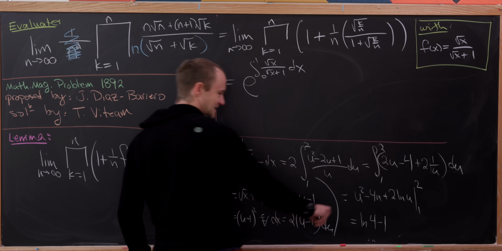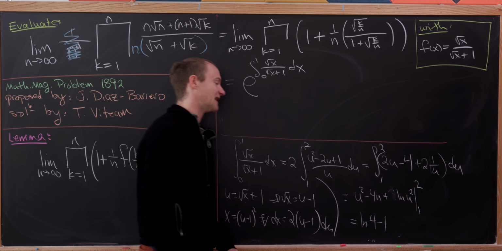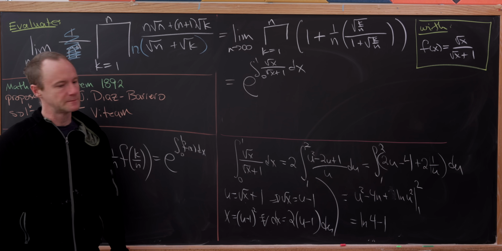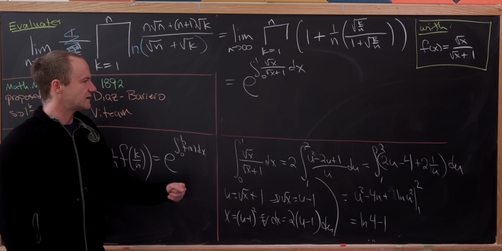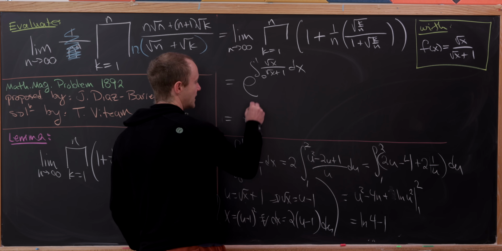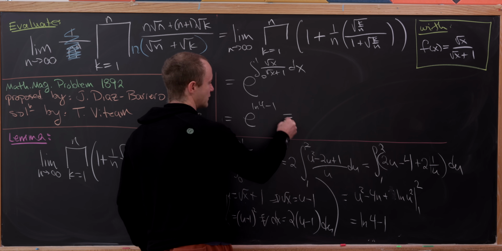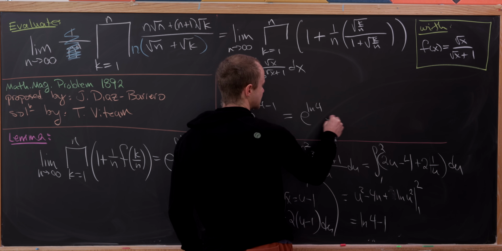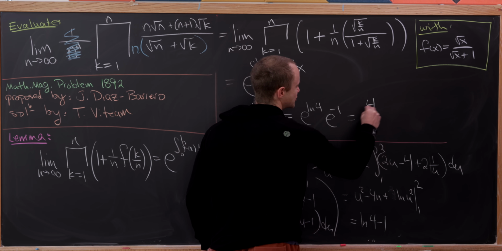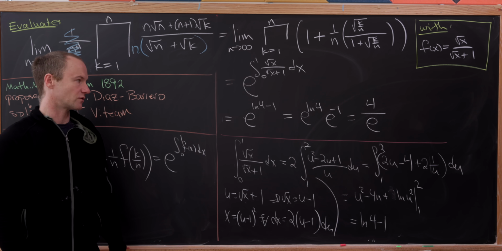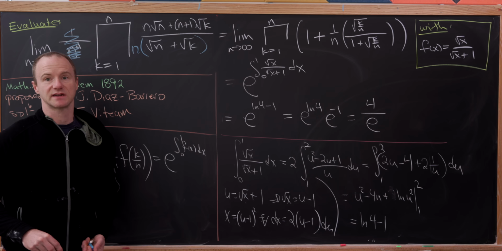And that's because we can take this 2 and turn it into the natural log of u squared, giving us that natural log of 4. So that means our final answer will be e to the natural log of 4 minus 1, which we might as well write as e to the natural log of 4 times e to the minus 1, which turns into 4 over e after applying standard rules. And that's a good place to stop.